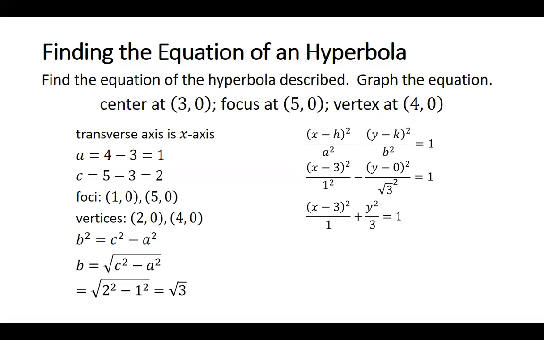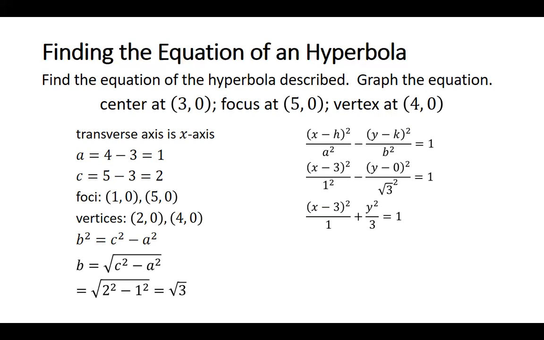Cleaning that up, we have x minus 3 squared over 1 plus y squared over 3 plus 1. And yes, I left that 1 in the denominator because it keeps us in our form of x squared over a squared plus y squared over b squared. Or actually, let's reverse. Sorry, I'm looking at this and I'm noticing that there is a typo in this, that should be minus y squared over 3, not plus y squared over 3.